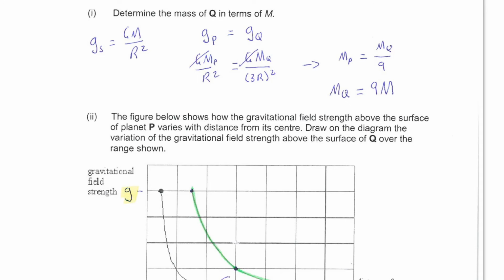The G's will cancel, leaving us with the mass of P divided by r squared being equal to the mass of Q divided by 3r squared. Careful rearranging reveals the factor that we are looking for to be 9. So the mass of Q is 9 times greater than the mass of P.